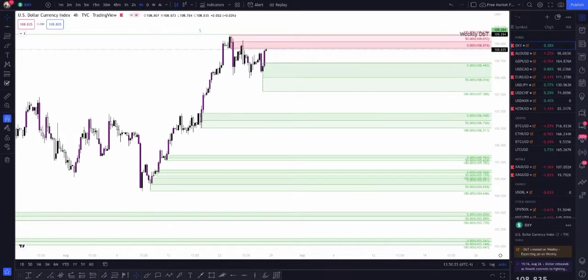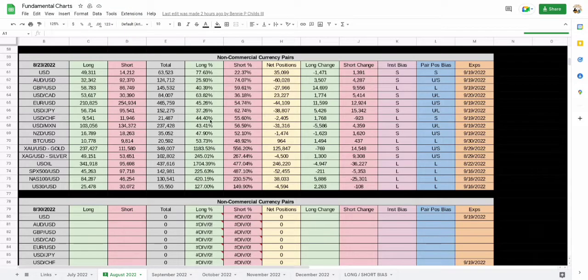All right, gonna start off with my fundamental charts. It's the data that I record each week, and let's just bring our emphasis over to the L column where my pair position bias is.